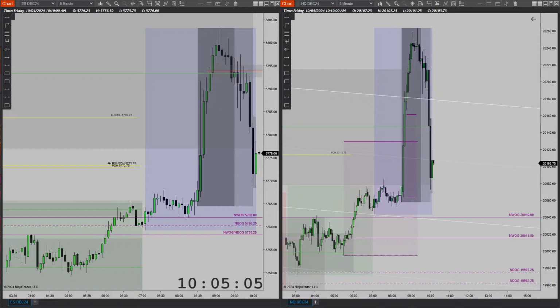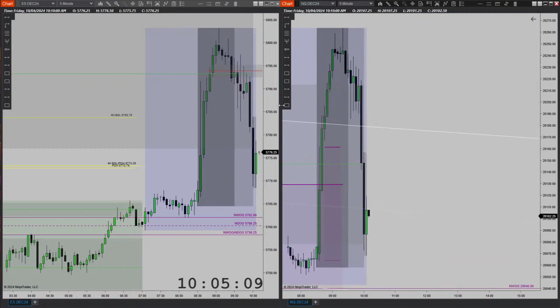All right, so here it failed to get above. So I do anticipate maybe one more wick into this imbalance here. But I don't expect any more.